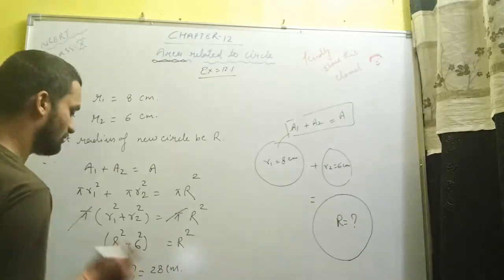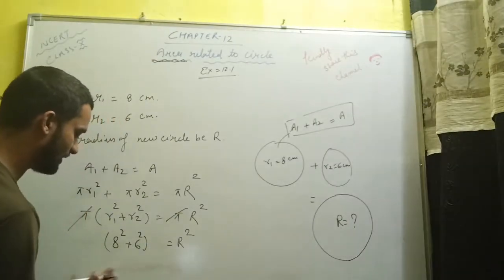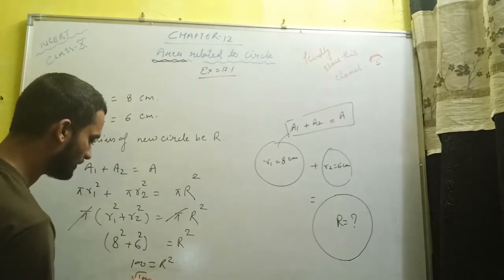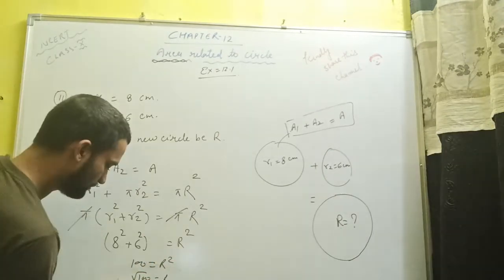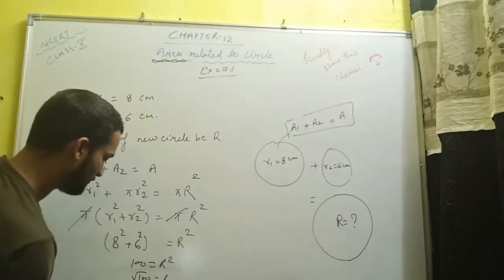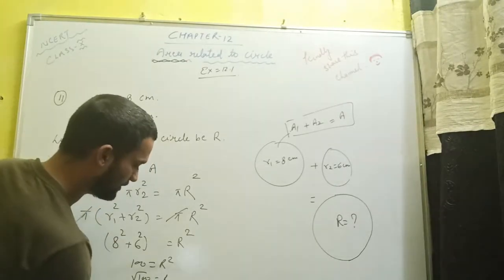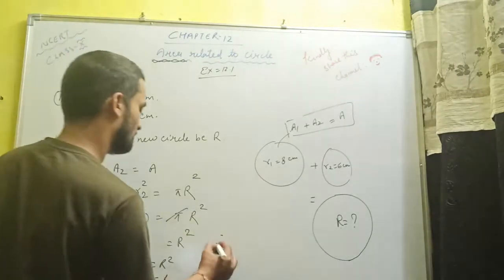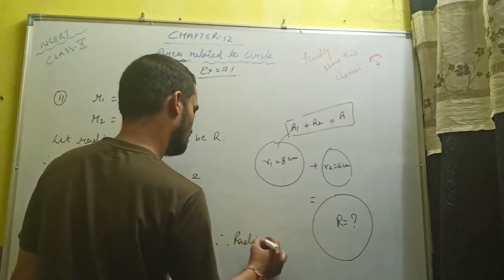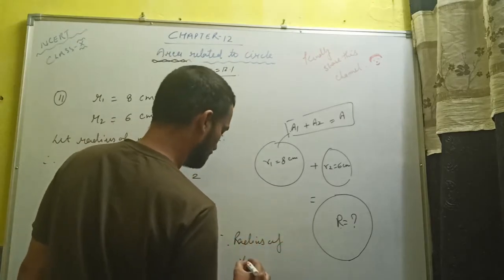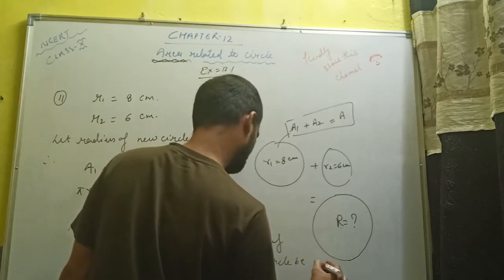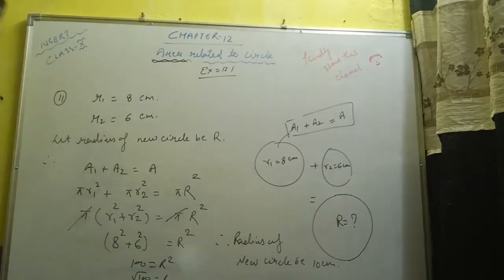Later on we'll put the unit. So this will be 100 is equal to R square. So root over 100 is equal to R. Therefore R is equal to 10 centimeter. The radius of the new circle is 10 centimeter. This is the solution of your second question.